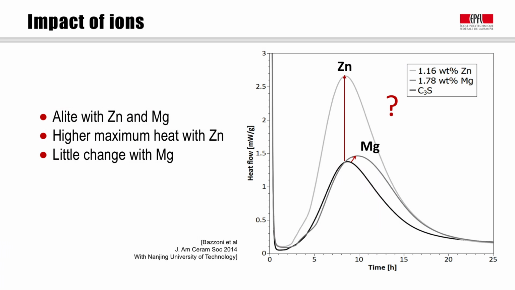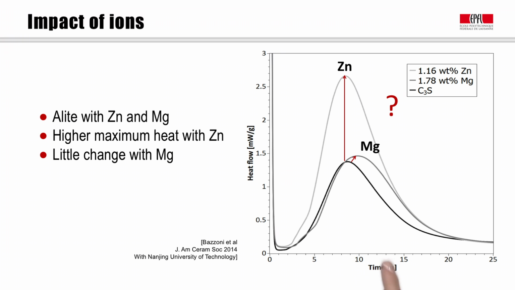Also, in the thesis of Amélie Bazzoni, we had another source of alite, which gave us a different perspective on this question. This was really where we had alites, which on the one hand contain small amounts of zinc, and on the other hand, small amounts of magnesium. So we had the pure system, magnesium, and zinc.